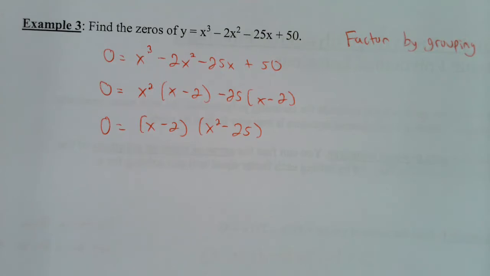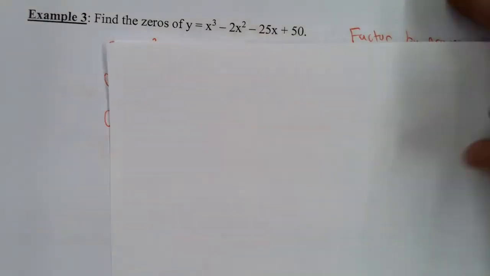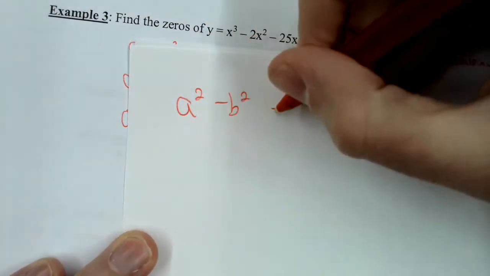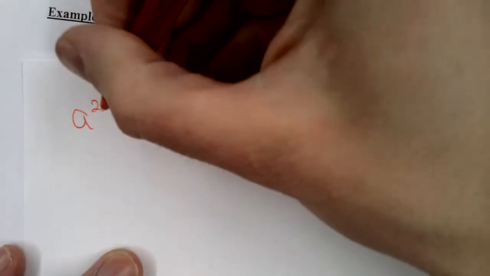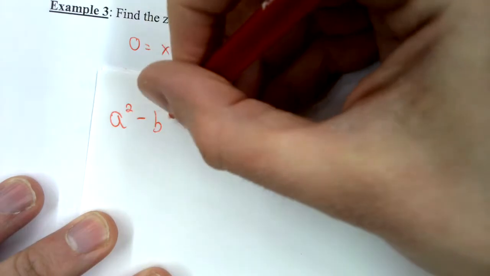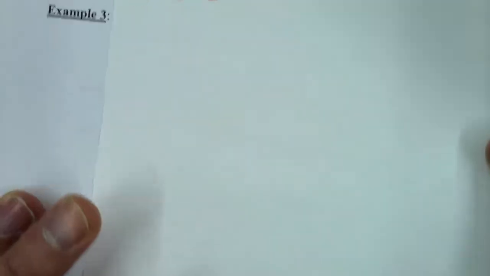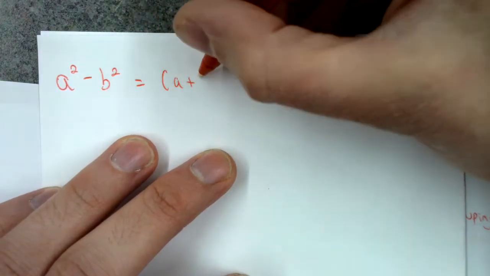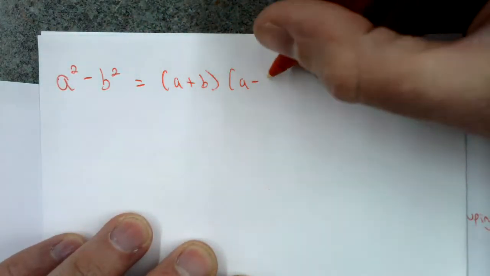In case you forgot what that is, let me write that down somewhere on the side to show you. Just in case you forgot how to factor the difference of 2 squares, if you have a squared minus b squared, that factors to become a plus b times a minus b.